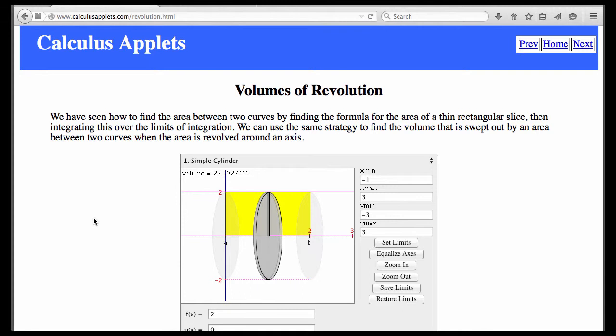Again, think about the comparison to Riemann sums with finding area under a curve. So imagine having infinitely many of these disks inside the cylinder, and if you found the volume of one individual disk and added them all up, then you could approximate the volume of the solid that is created.